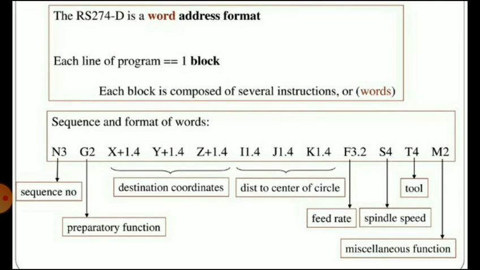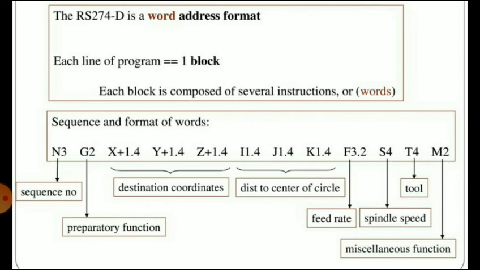So again you can see the word address format. Each line of the program will be equal to one block, and each block is composed of several instructions or words. So you can see the sequence and format of words again. N3 means it is a sequence number. G2 means it is a preparatory function. X, Y and Z are the destination coordinates.